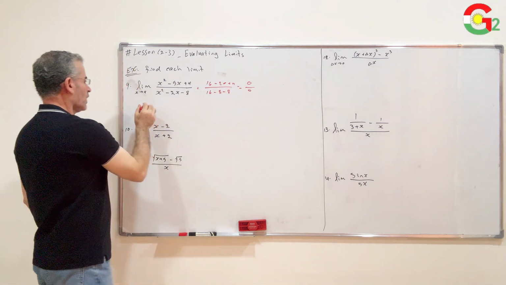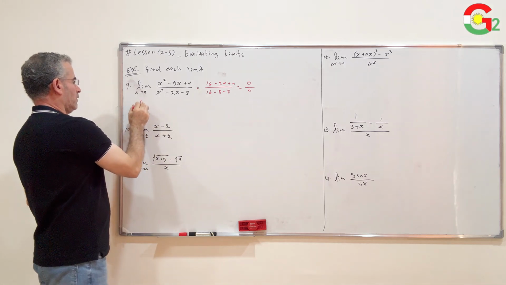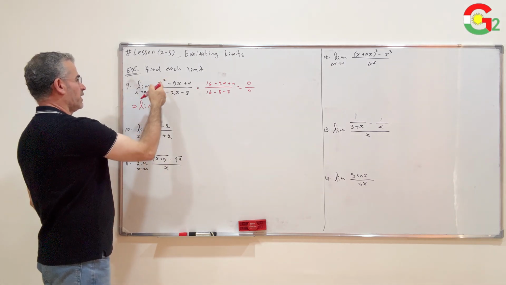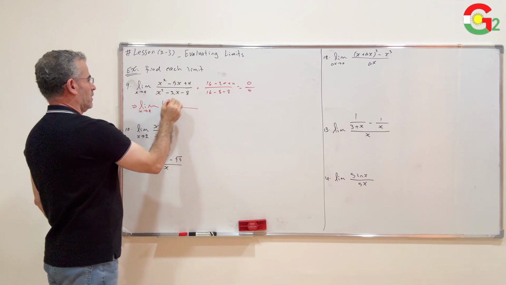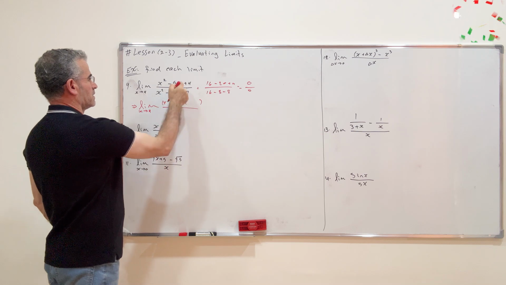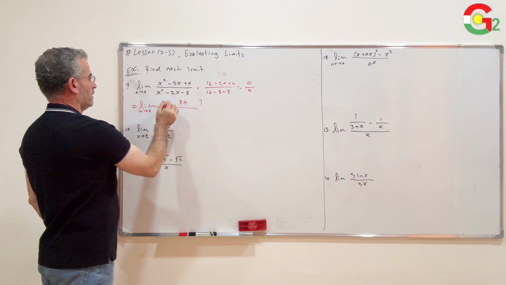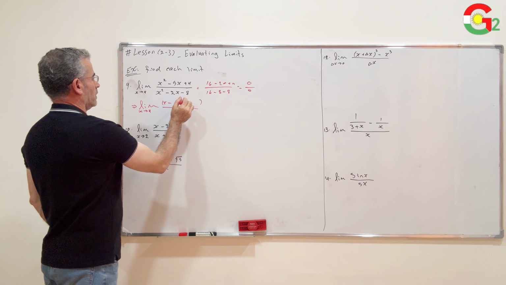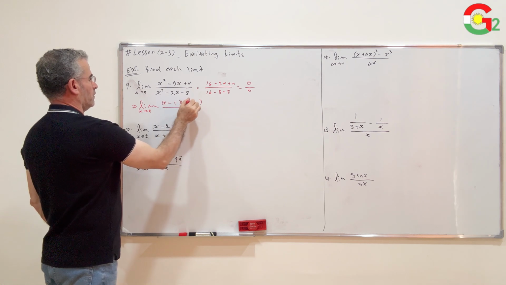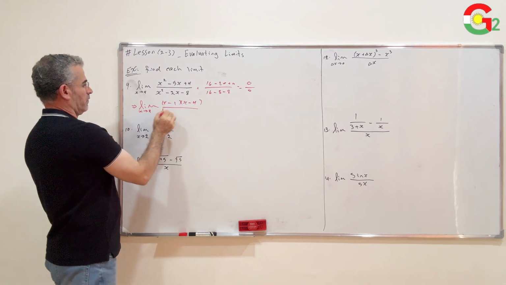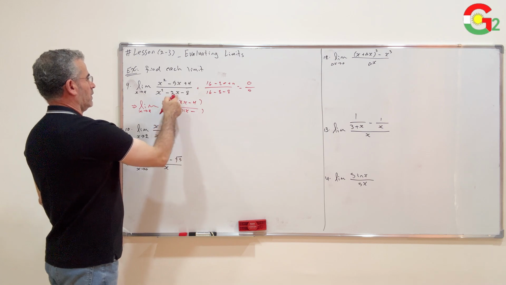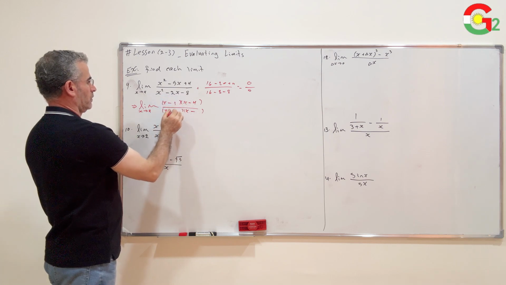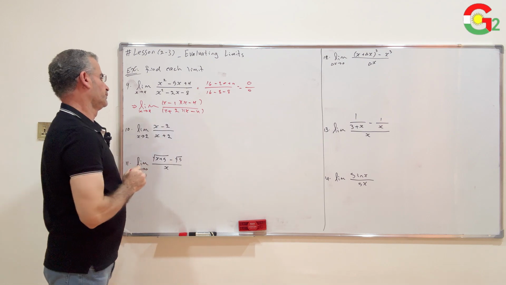16 minus 16 is also 0. But we can find this limit by analyzing the numerator and denominator by factoring. The numerator factors as x minus 4 times x minus 1. For the denominator, it factors as x minus 4 times x plus 2.